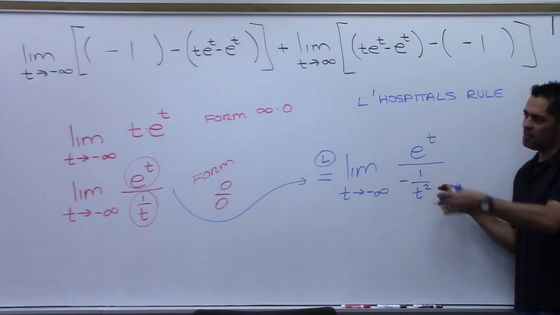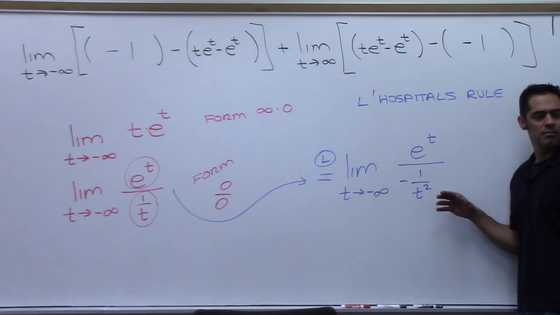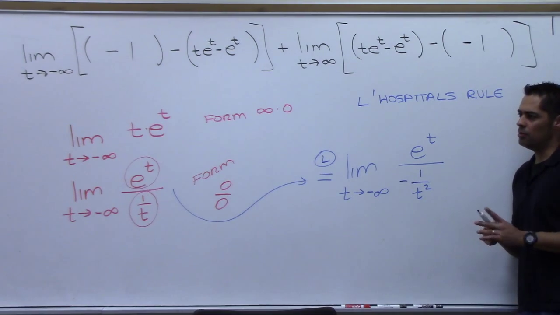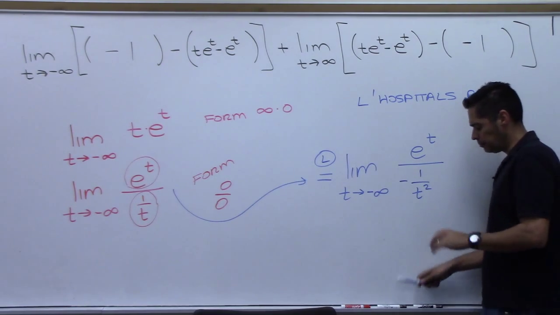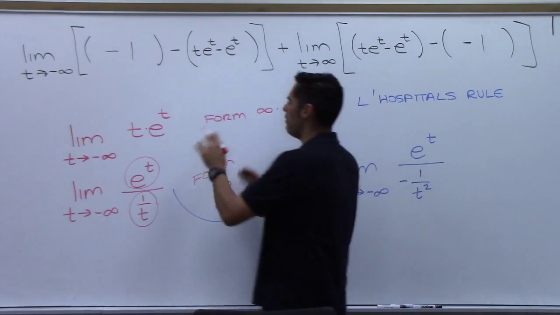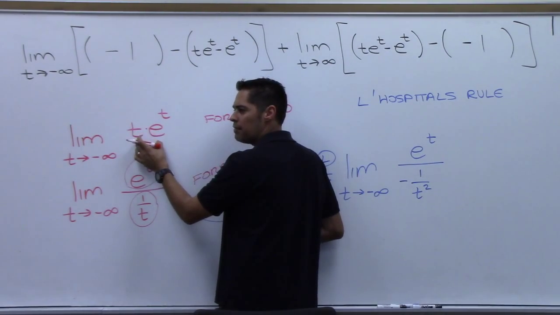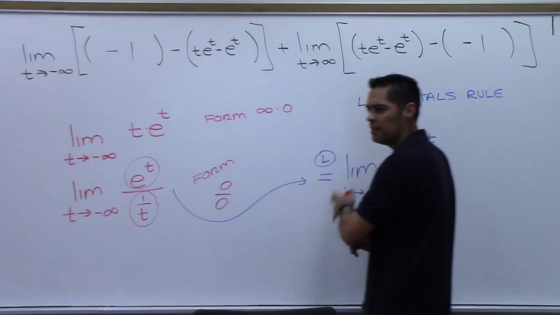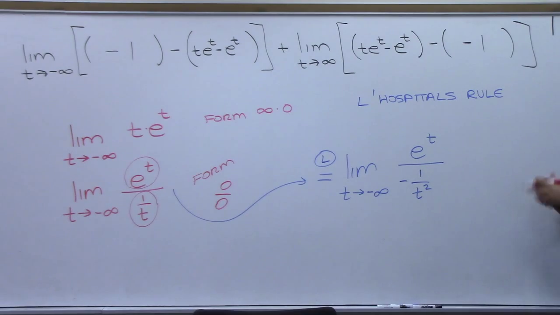Remember, we dropped t down. Whenever you have this form, there's no rule that tells you which one you have to drop. You just have to try. We tried this, and it looks like we're getting the same recurring thing. We keep getting 0 over 0, 0 over 0, 0 over 0, right?